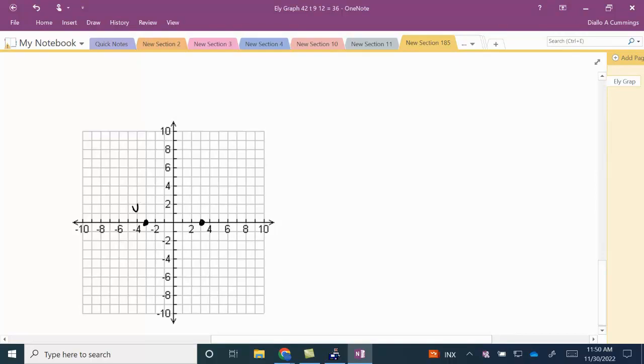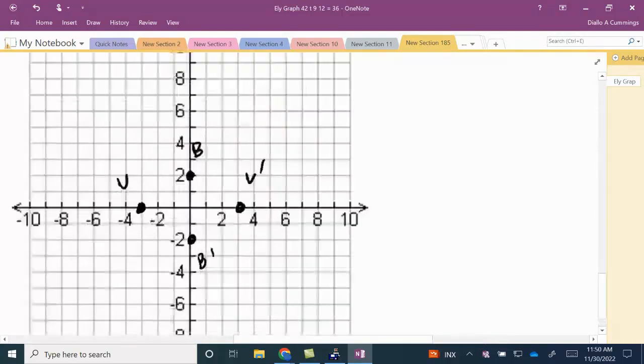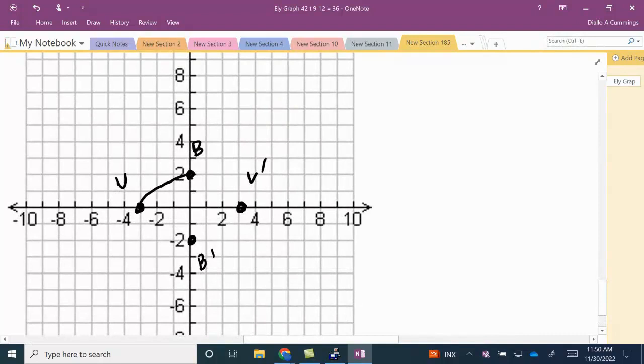These are our vertices, and we're going to call those V and V prime. Then we have our minor axis points at 0 comma positive and negative 2, which are here. We're going to call those B and B prime. And we're simply going to draw the ellipse.